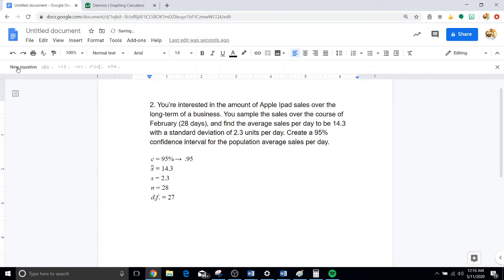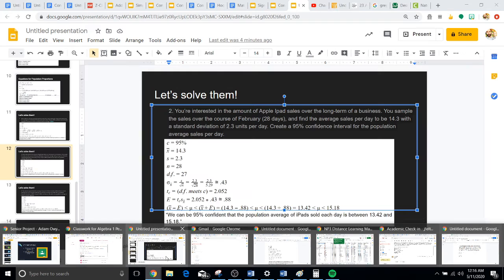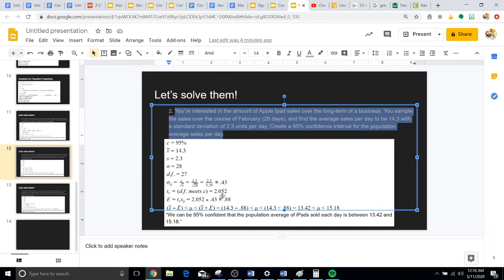Now, in order to find our T confidence, we are going to need to find out where our degrees of freedom 27 meets up with our confidence level of 0.95. I did find that earlier, so I'm going to take a look. And that is going to be 2.052.